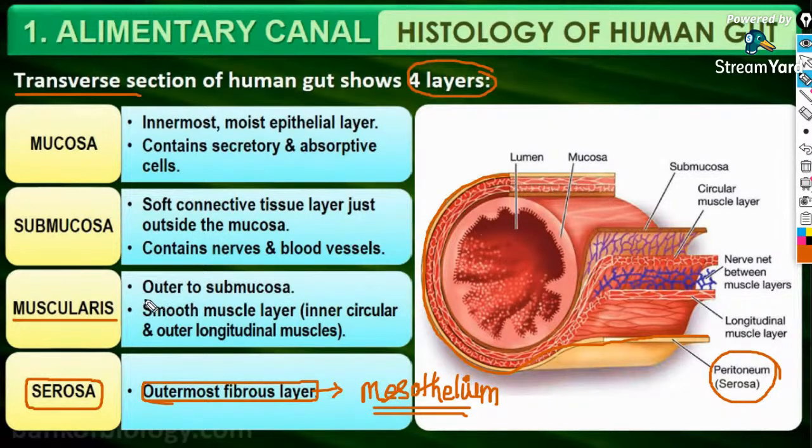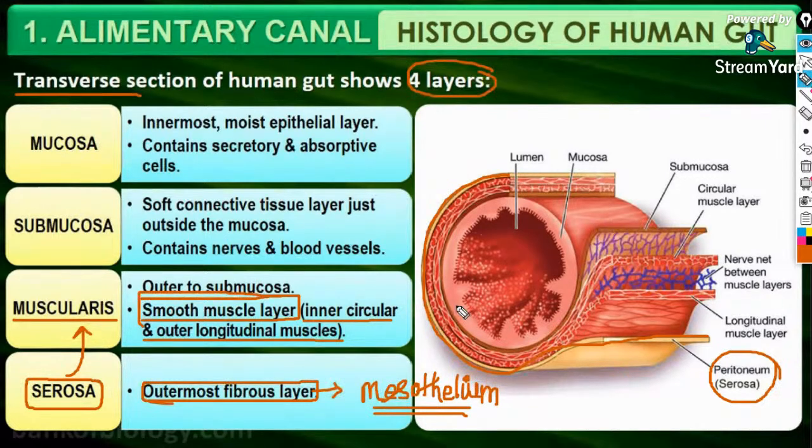Next is the muscularis. The muscularis is inner to the serosa. It consists of a smooth muscle layer, which is divided into an inner circular and an outer longitudinal layer.